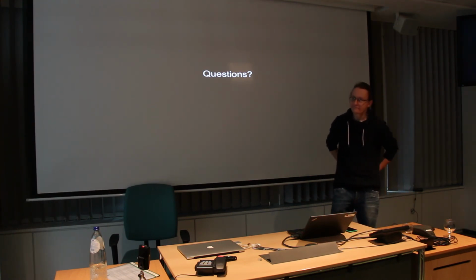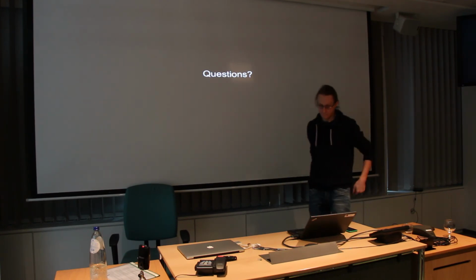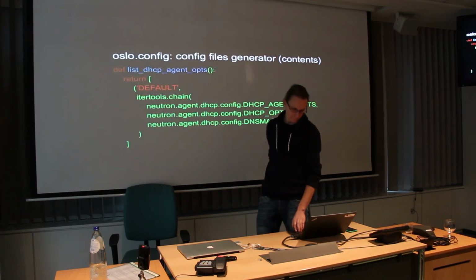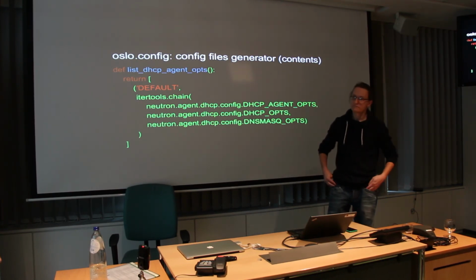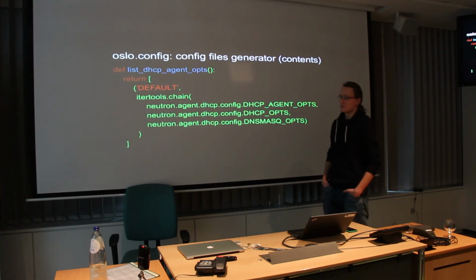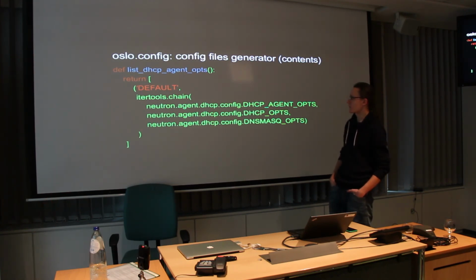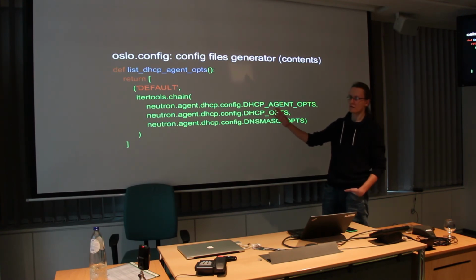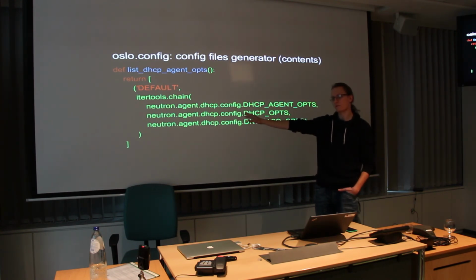You mentioned that there is a function that generates the list of options you're interested in, with the default values, right? Yeah, precisely. And how do you use this function later on in the code to get the same list when you register your options to the config parser, so you don't maintain the list of options in two spots? Yeah, so basically this function is used in the code itself when you register the options: you just get the result and pass it into the registration function.